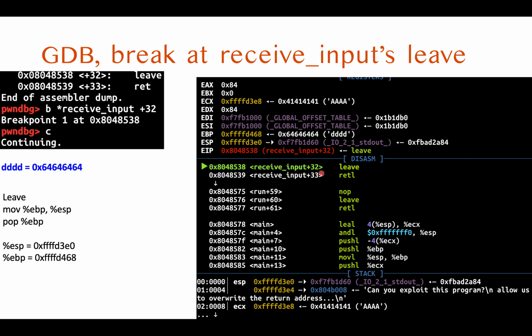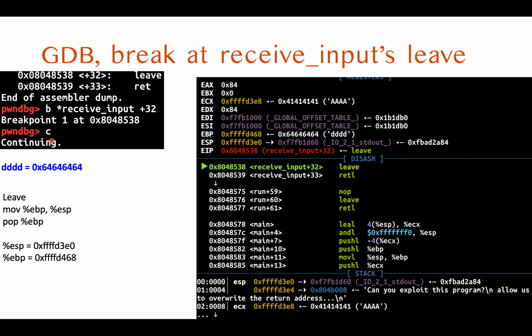You can check the values of ESP and EBP. Right now ESP points to FFFFD3E0, and then EBP points to D468. So EBP has a bigger value than ESP. And then we can continue to run it.